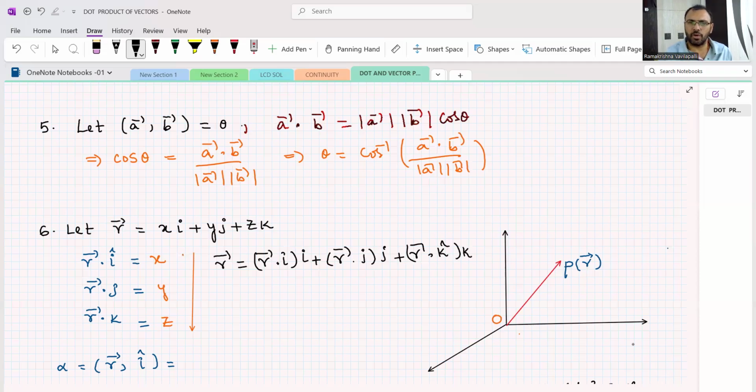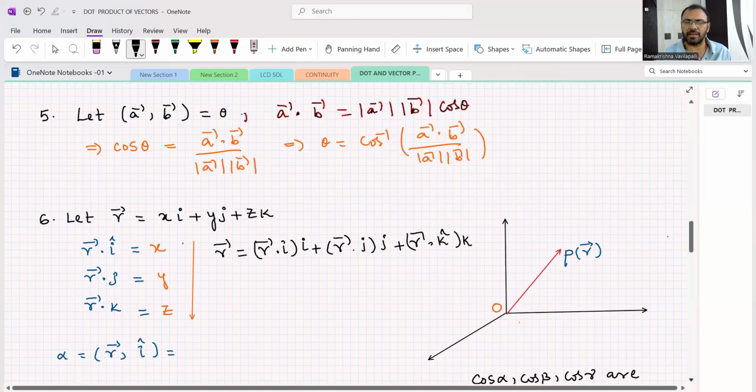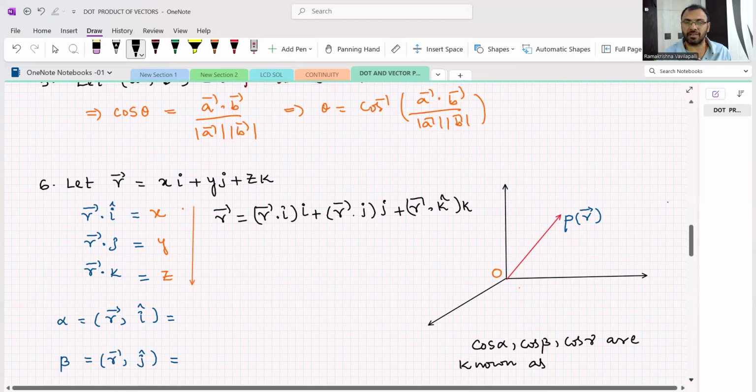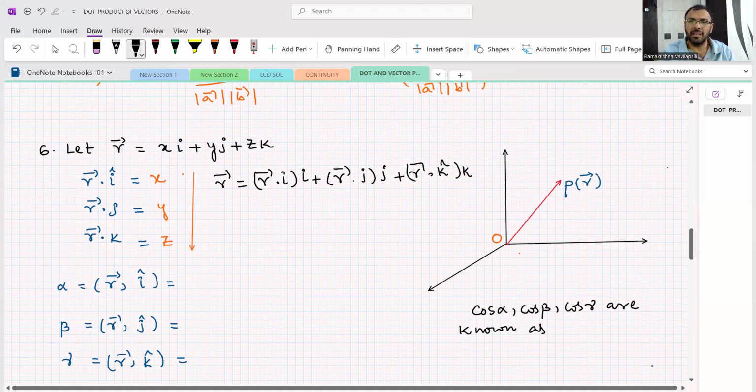Remember that i dot i is 1, j dot j is 1, k dot k is 1, and i dot j equals 0, j dot k equals 0, as they are perpendicular along the x, y, z axes.